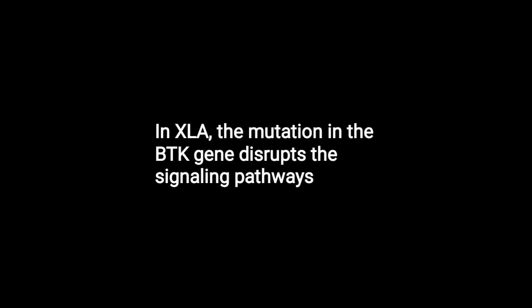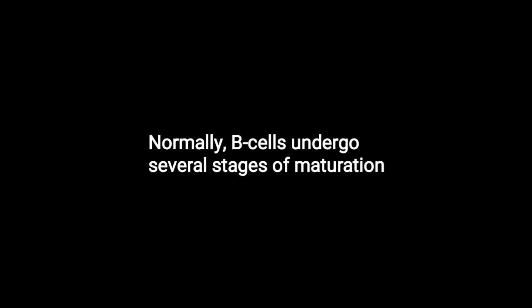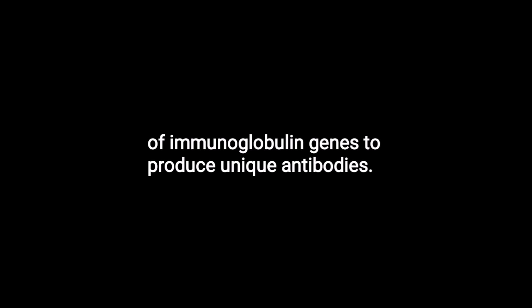to infections. In XLA, the mutation in the BTK gene disrupts the signaling pathways necessary for B cell development in the bone marrow. Normally, B cells undergo several stages of maturation, and one of the critical steps involves the successful rearrangement of immunoglobulin genes to produce unique antibodies.